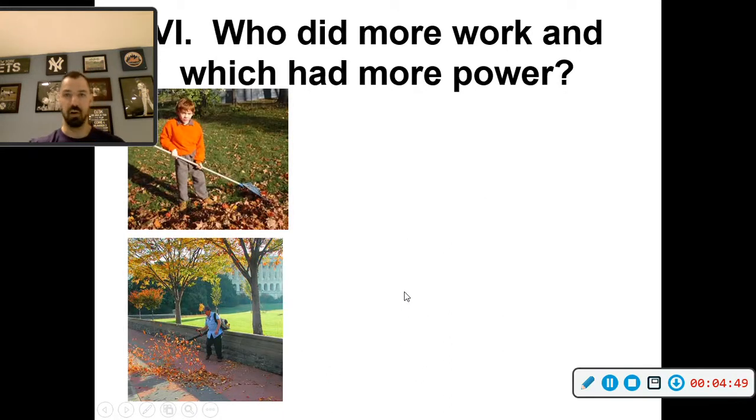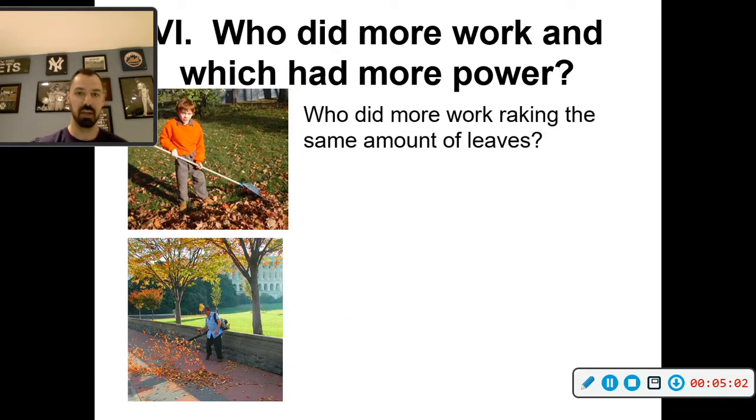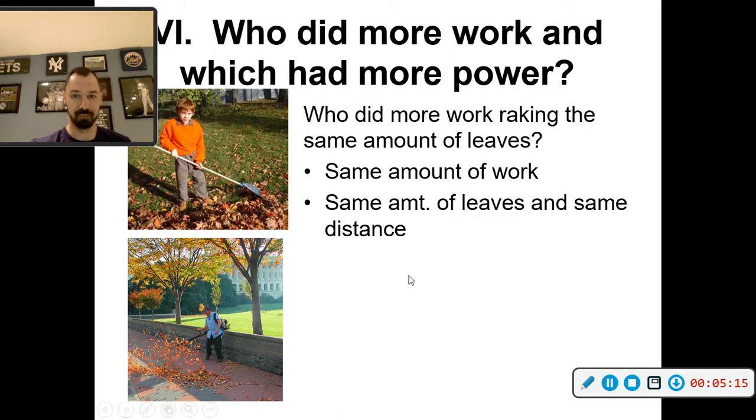Also, who did more work and which had more power? An example here: raking leaves versus blowing leaves. There's a reason why we tend to go for the blower. Who did more work raking the same amount of leaves? They did the same amount of work. The same amount of leaves, same amount of distance, the same size property.